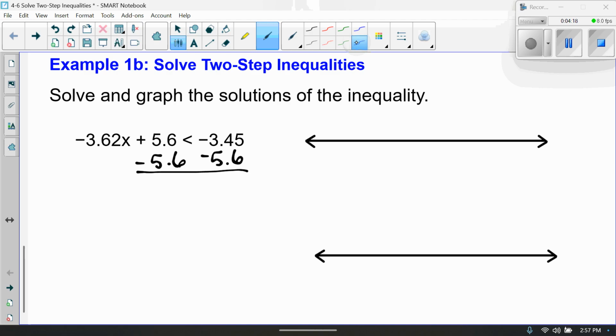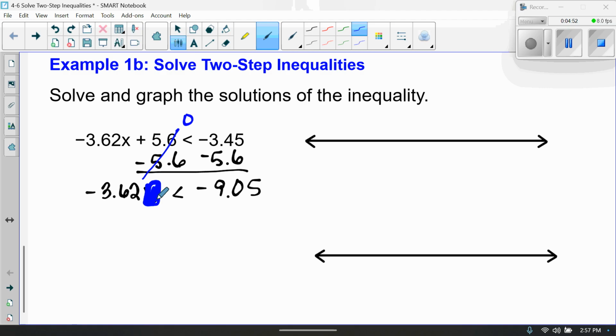Yep. So those cancel to 0, and we are left with negative 3.62x is less than 3.45 plus 5.6. This is going to give us a negative, very good, negative 9.05.